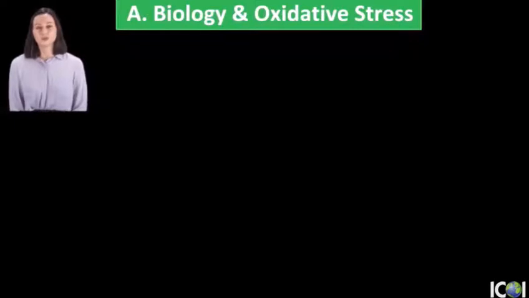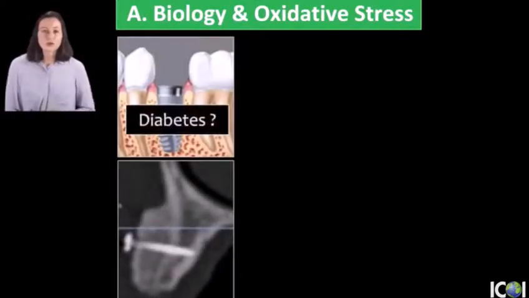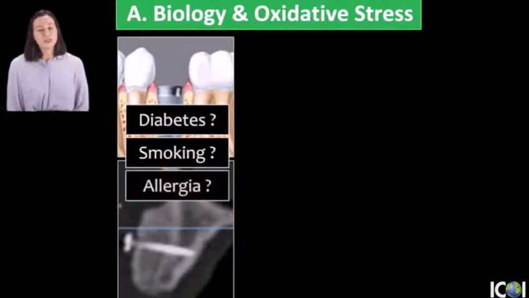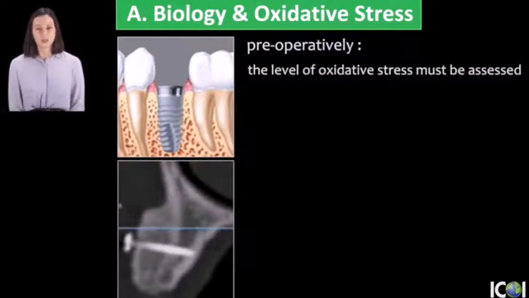Let's talk biology. Before an implant or a graft, at the examination, we often ask the patient, do you have diabetes? Do you smoke? Do you have any allergy? But actually, we should ask the patient, what is your level of oxidative stress?